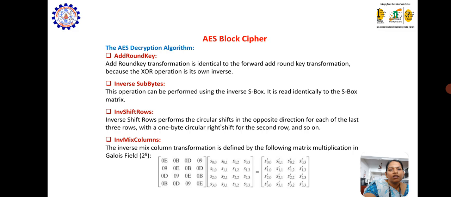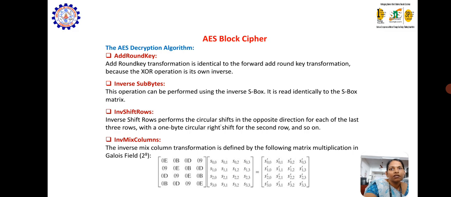The inverse mix column step is similar to the mix column step in encryption, but differs in the matrix. Each column is mixed independently of the others, and matrix multiplication is used.